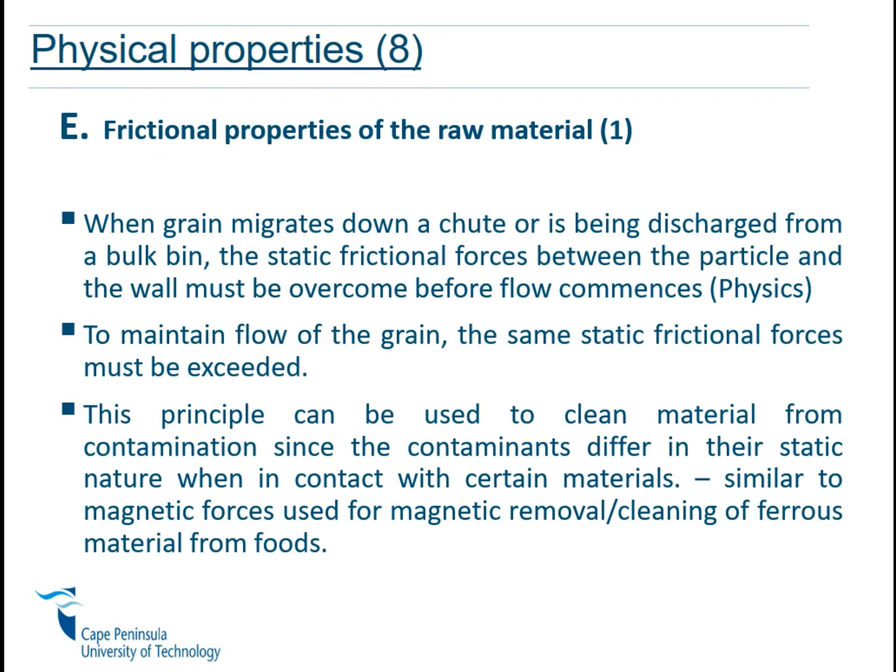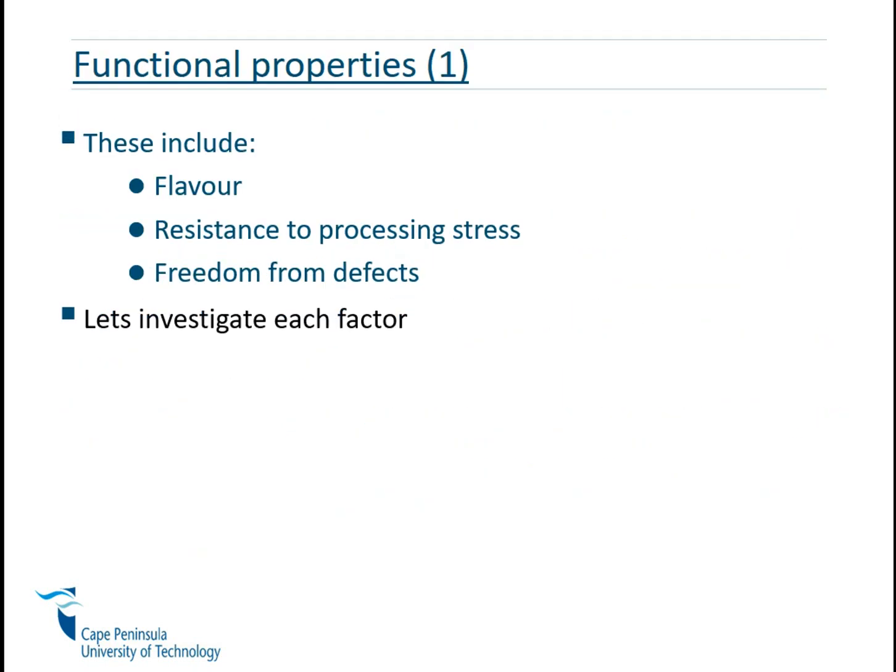Right, so the next thing that we need to talk about is the functional properties. A raw material of ideal functionality is one raw material that may be processed to give a high quality product whilst permitting maximum process effectiveness.